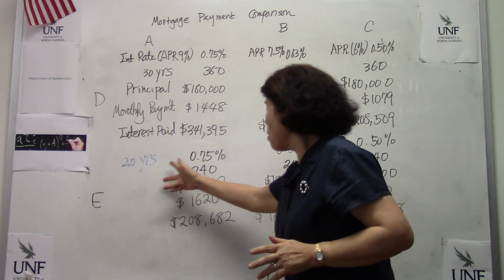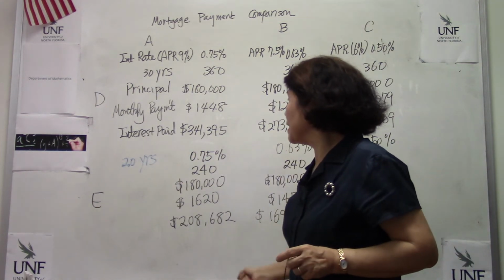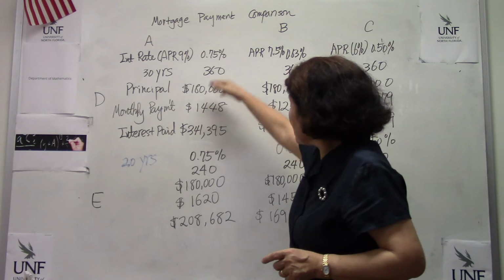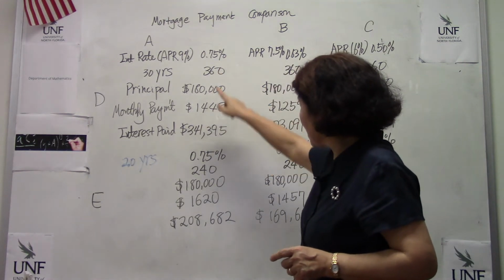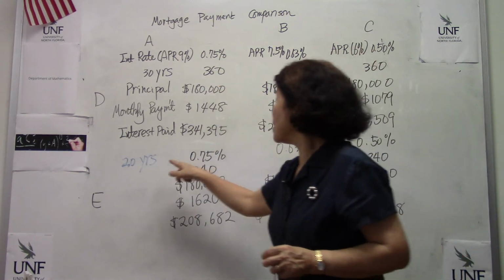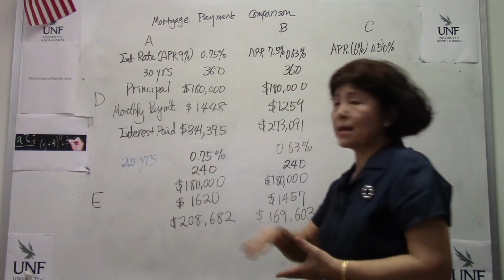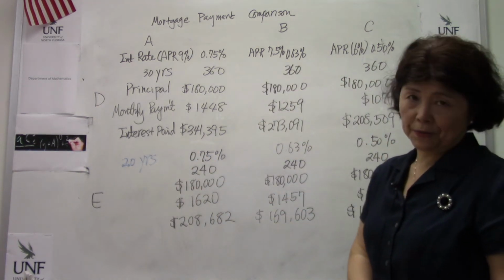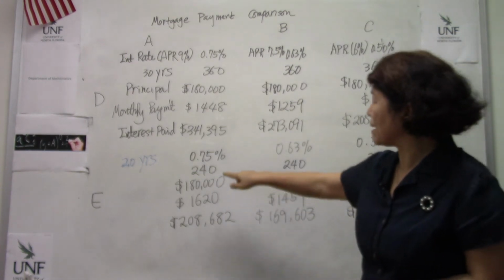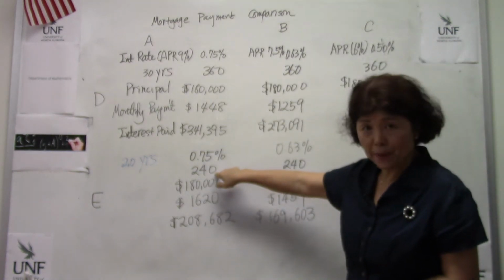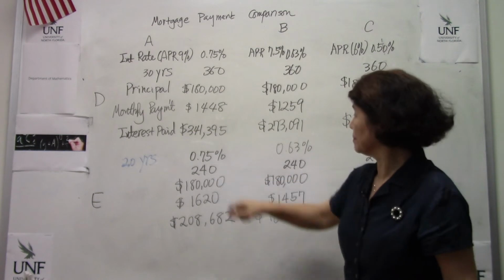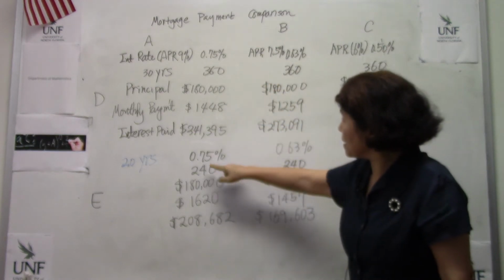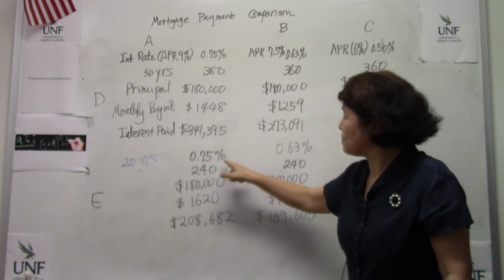The second row over here is where everything stays the same. The interest rate in the first column is again APR 9%, but here the borrowing term is different. Here it is a 20-year term. So that means you are going to make 240 payments, then you are done. Same monthly 0.75%.